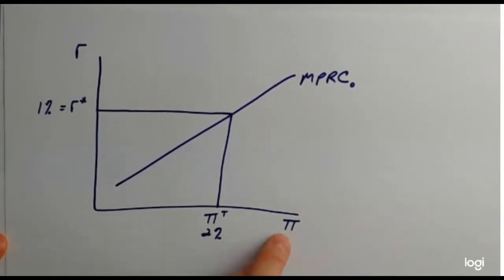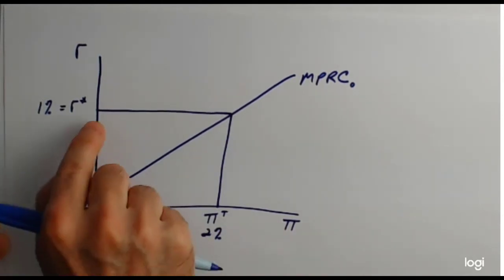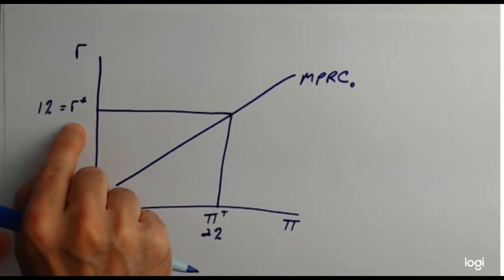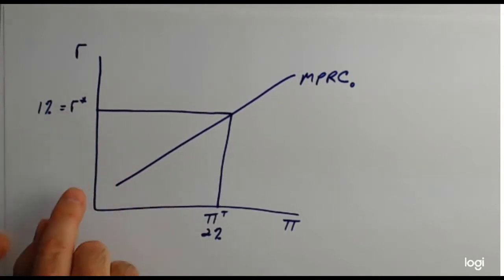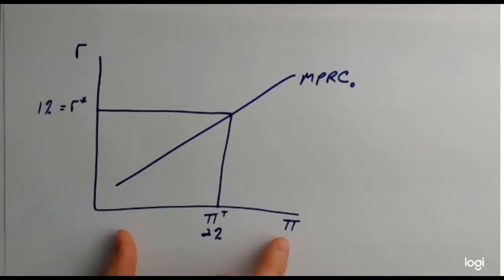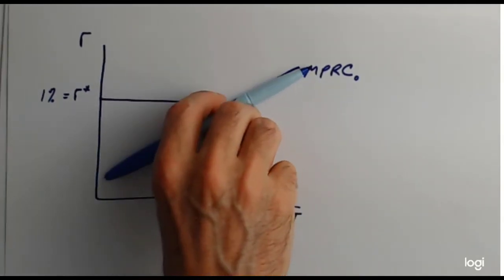The source of the changes are going to be here normally. In a few minutes I'll change R, making what we call an exogenous change in R, just an outside change. But for now, most of the action is going to happen with, look, what happens when inflation changes relative to its target.